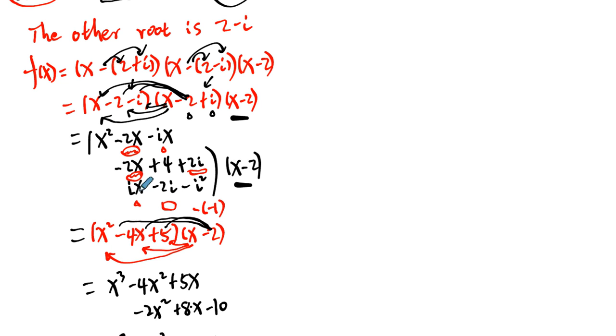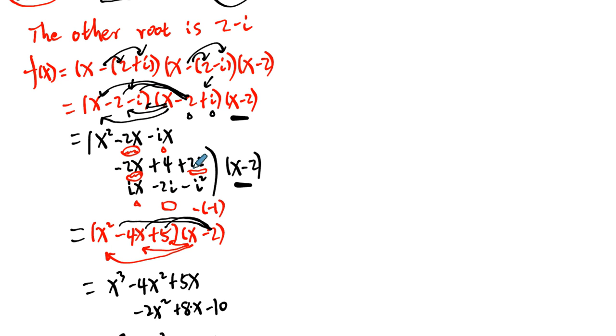Okay. Combine like terms. X squared, leave it here. Negative 2x, negative 2x is negative 4x. Now, you have negative ix here and positive ix here, cancelled. Okay.